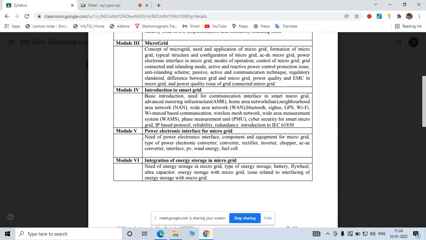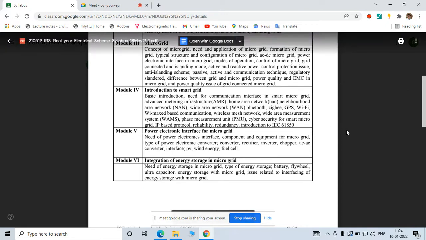We will see what types of switches are very necessary in a station, what their characteristics are, what effect they have on your overall system, and how to increase the efficiency of your plant. We will cover all these things in module 5.